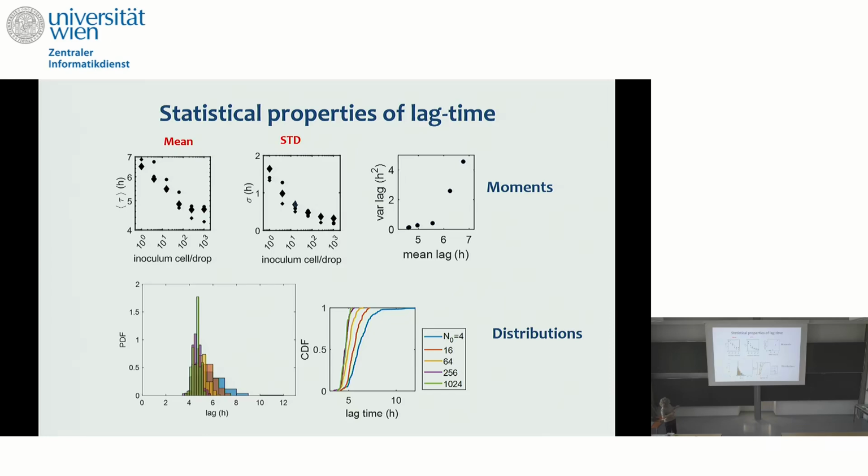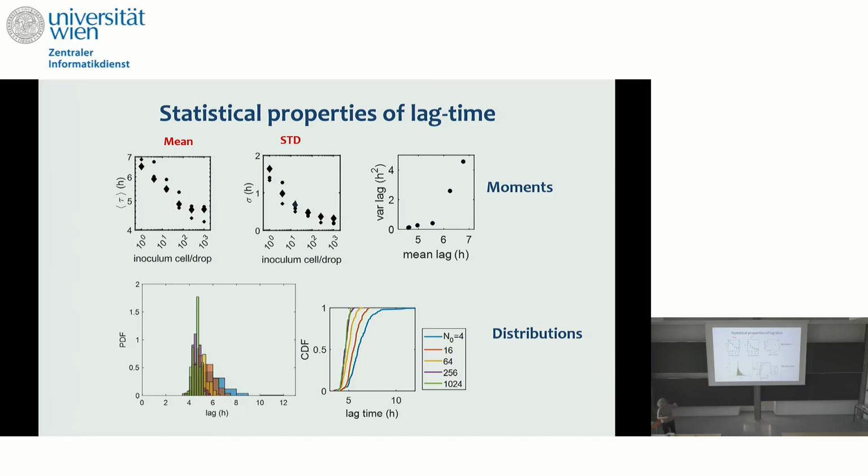So we can do the average time. This is the classic inoculum effect: average time decreases as a function of inoculum size. We can also compute the variance, and the variance also decreases. This is a log-log plot, and you can see, at least qualitatively, that this decays slower than a power law. We'll get back to that later.